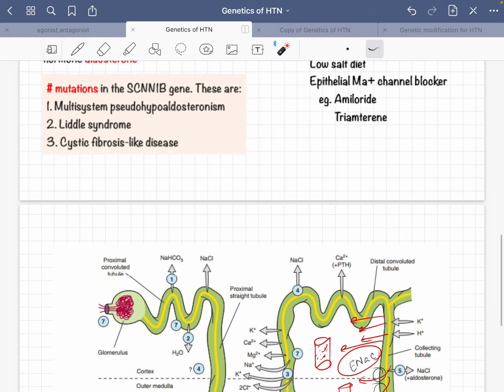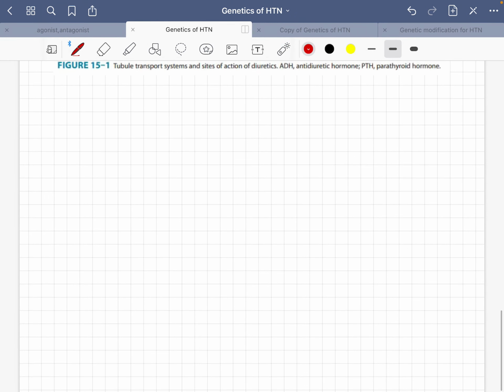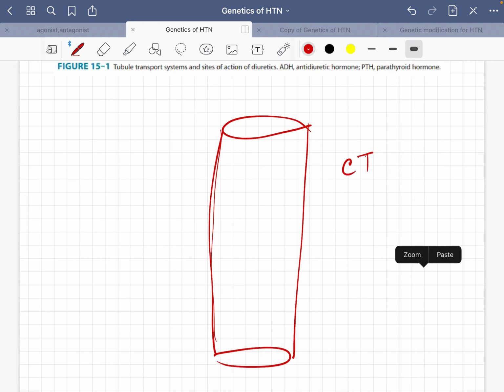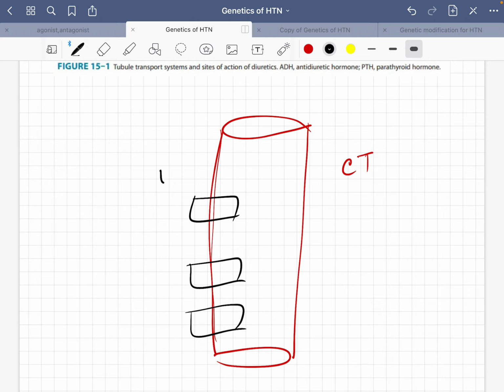Look at the diagram. Suppose this is a renal tubule, suppose it is a collecting tubule, and here is the epithelial sodium channel.